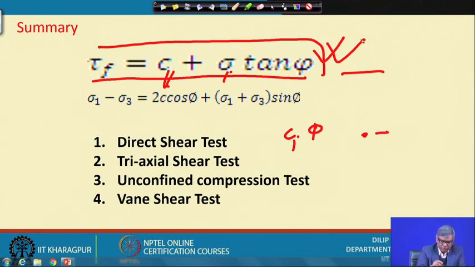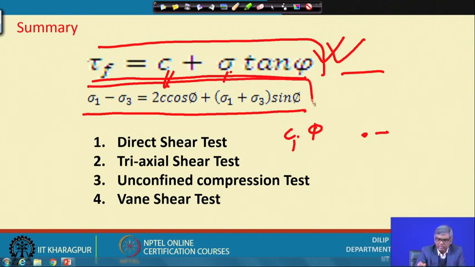And now relating major and minor principal stress and the angle of internal friction, this is a well known relationship.